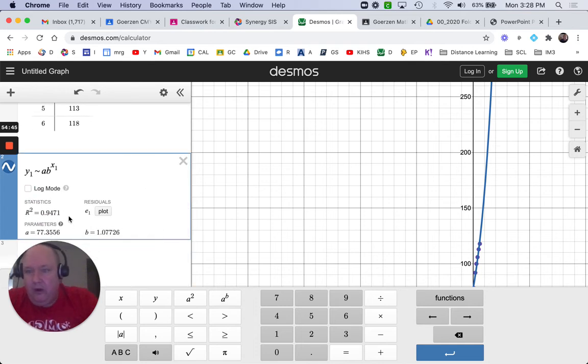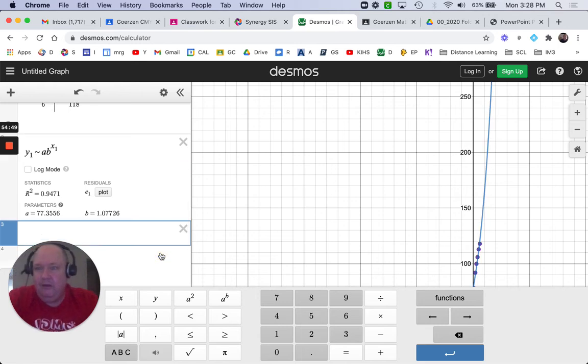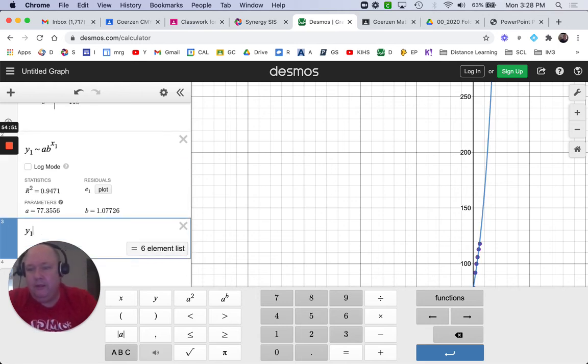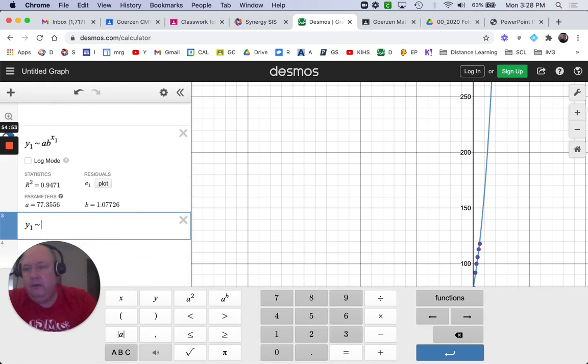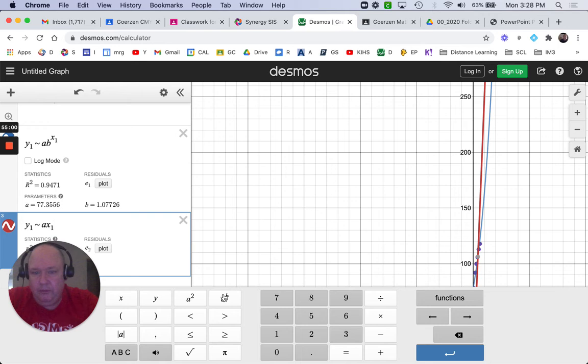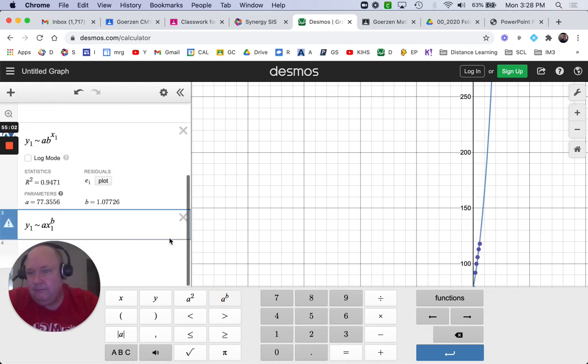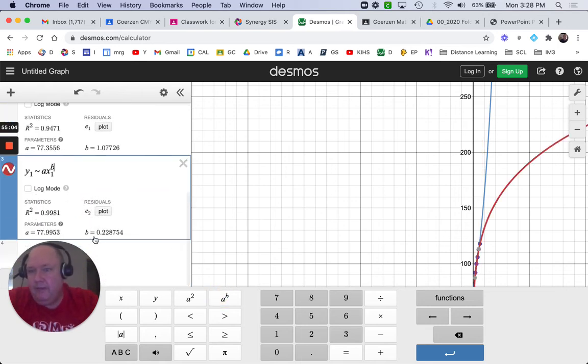It has an R squared score of 0.947. I'm going to quickly do the other model, squiggly. This was A X1 to the exponent B. That one has a better R squared score of 0.998.